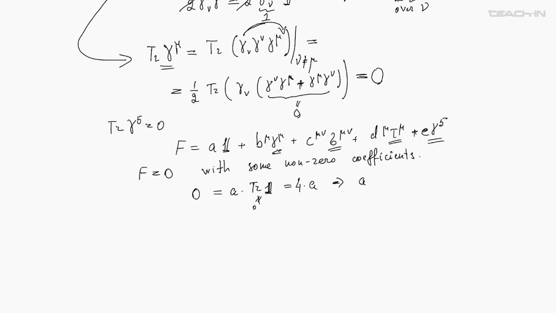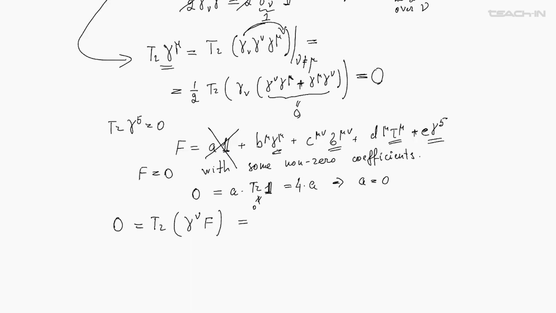And then what you do, you take this expression again for F, now without the identity matrix, and you multiply it with some gamma matrix, gamma nu. So you multiply it with gamma nu F. Again, you take a trace. On the left-hand side, F is 0, and you get 0. Maybe I have to write here gamma lambda.